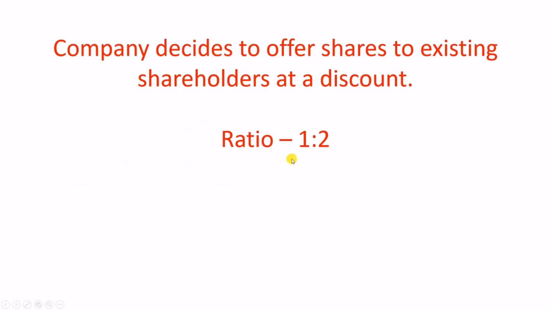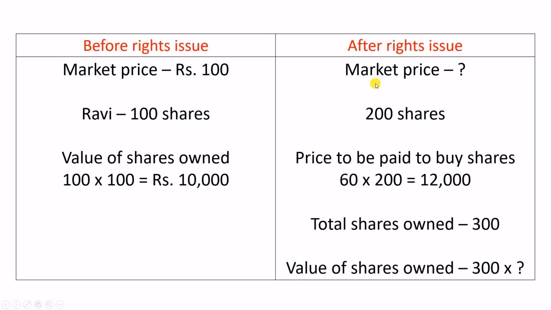Now let us say that the company decides to issue rights for shares at the ratio of 1:2. Then after the rights issue, we'll come to this later, Ravi is entitled to 200 shares. Now, he can buy 200 shares at a discount.